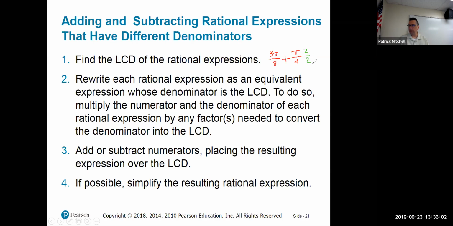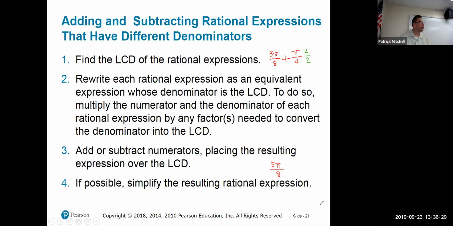So that's going to rewrite it as 2 pi over 8. At this point, all of your expressions will have the same denominator. And so you just keep that denominator, add your numerators, and then simplify if you can. 5 pi over 8, I cannot simplify. It's already in simplest form.